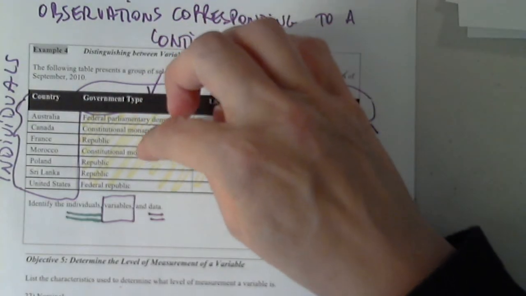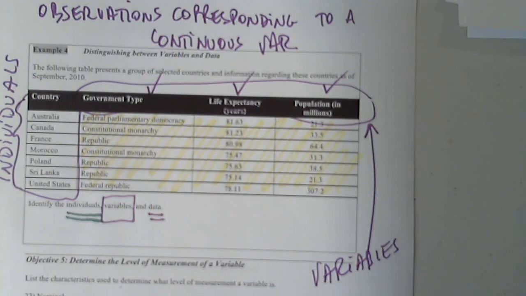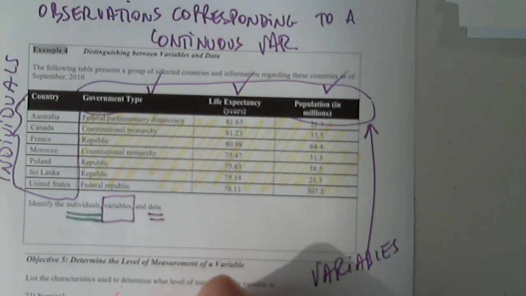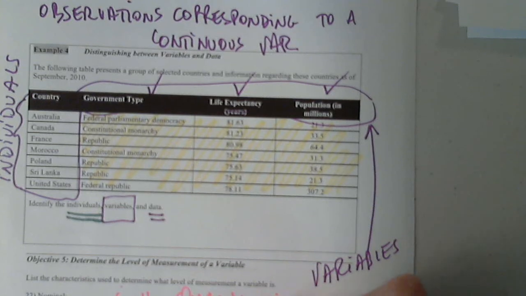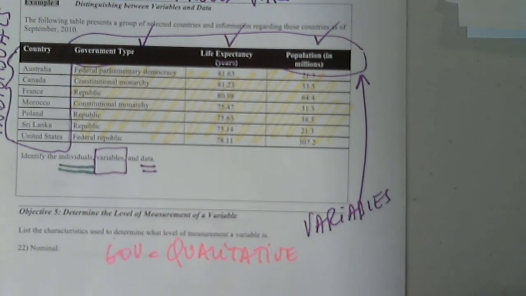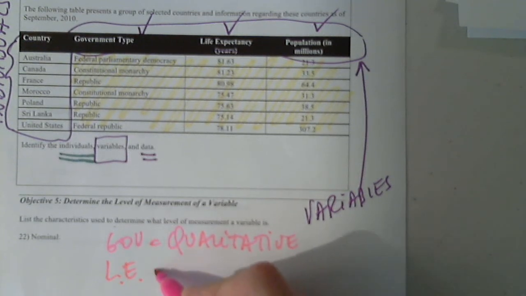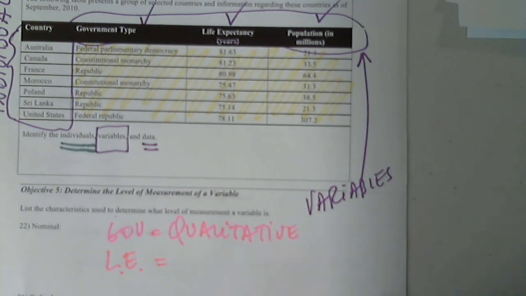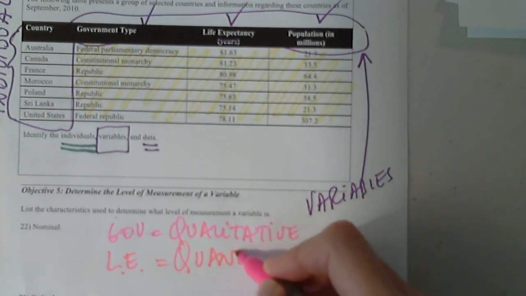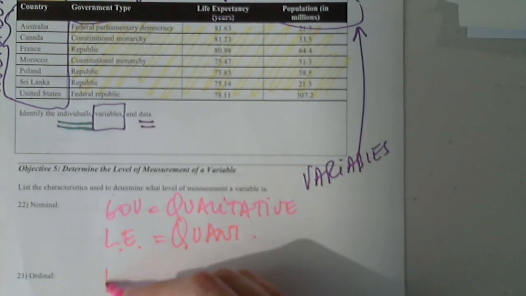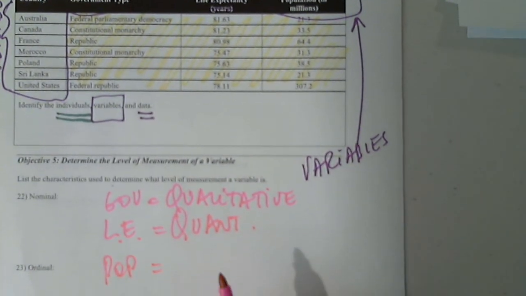What type of variable is the government type? Qualitative or quantitative? Qualitative, of course. So government, qualitative. Excellent. Life expectancy. Very good. Population. Quantitative.